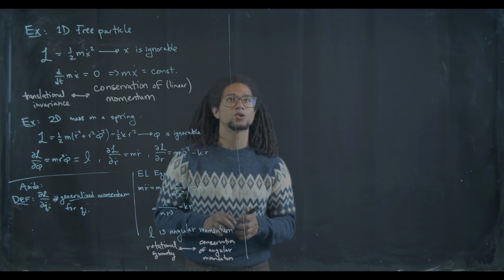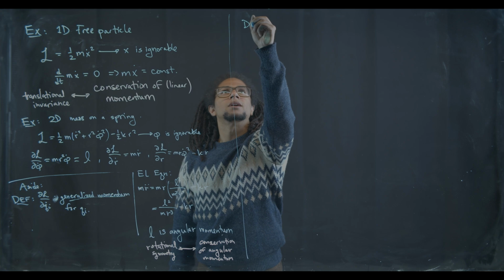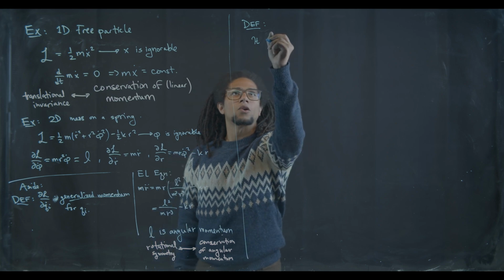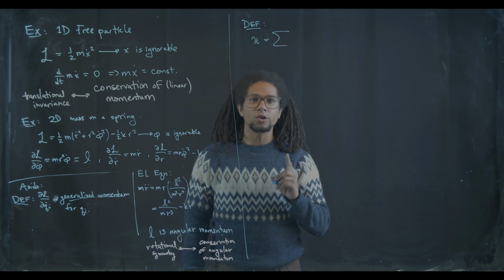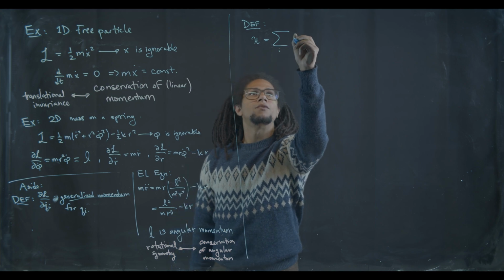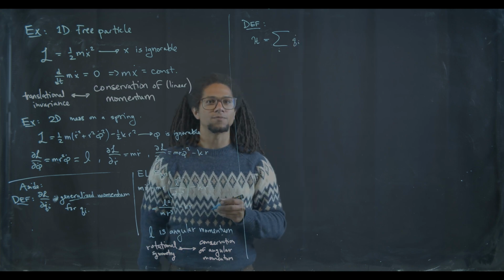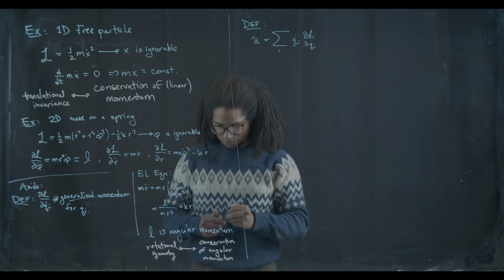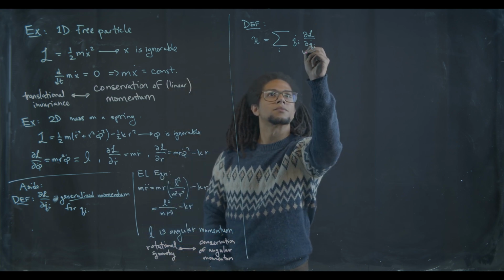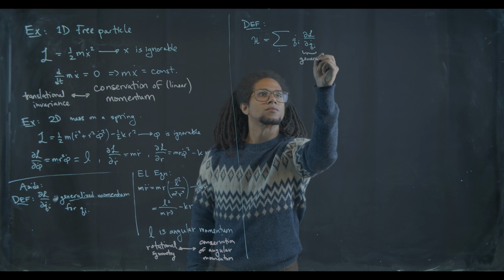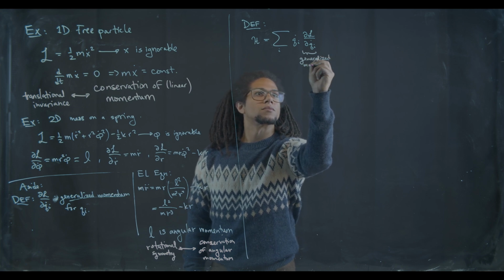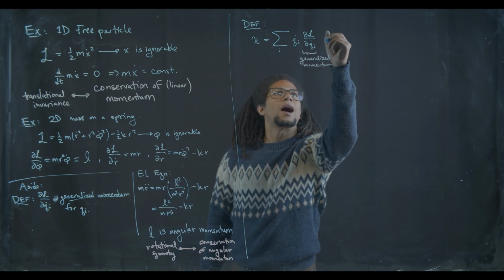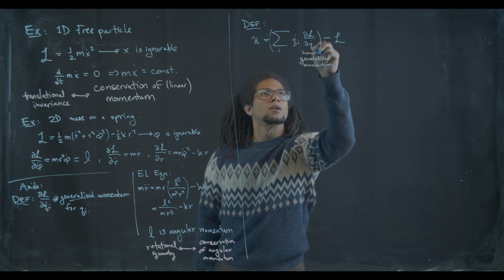And to do that, I'm going to need to introduce a new entity. Let me call this entity curly H. Now, curly H is equal to a sum over all the generalized coordinates of the time derivative of the generalized coordinate times the generalized momentum for that coordinate, and then minus, outside of the sum, the Lagrangian itself.